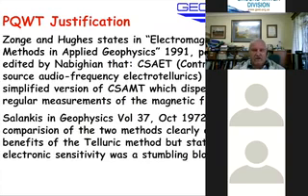Well, it does change, but it doesn't change all that much. But the research by Solanki in geophysics made the comparison between the two methods and clearly outlines the benefits of the telluric method, that states that the electronic resistivity was a stumbling block.